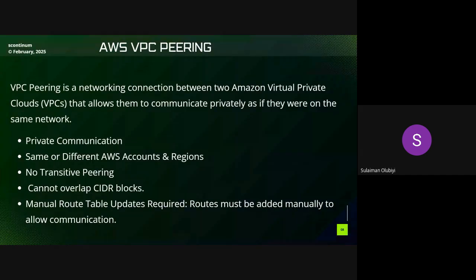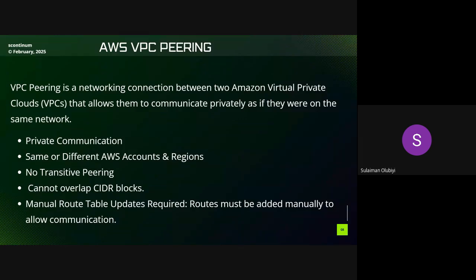Instead of us passing through the main road, maybe there's a kind of tunnel between those two bungalows. That's what VPC peering is, from the word peering. So you can peer from VPC A to VPC B, and it is bidirectional, from A to B and B to A.